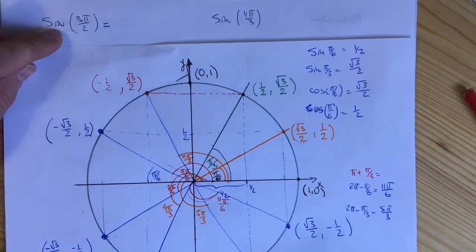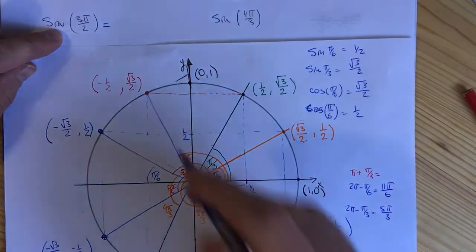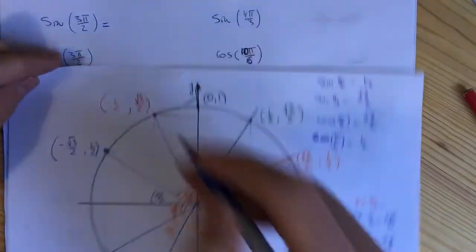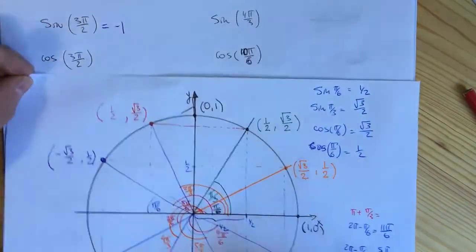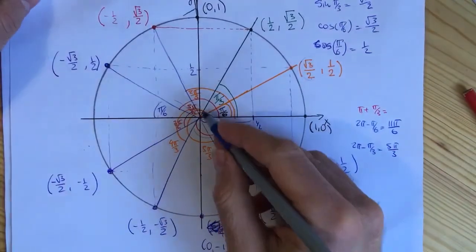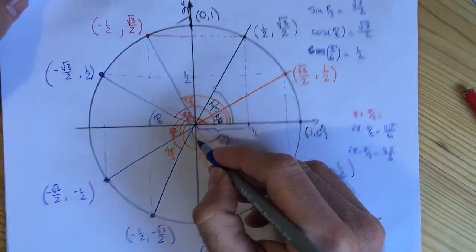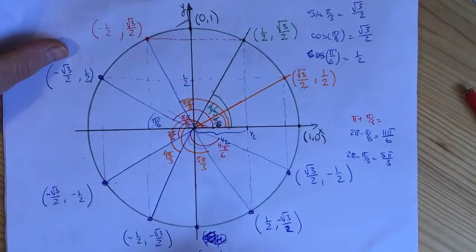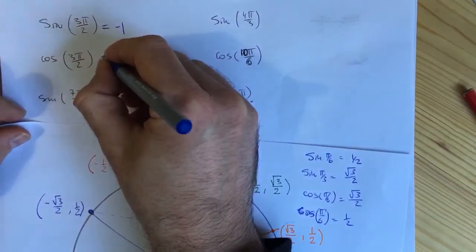So sine of 3 pi over 2, you read the y coordinate, so that's negative 1. By the same logic, cosine of 3 pi over 2, well, is the same angle, it's this angle all the way to here, 270 degrees. If you're looking for cosine of that angle, you just read the x coordinate, so that's 0.